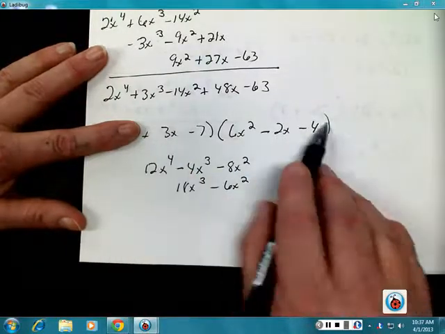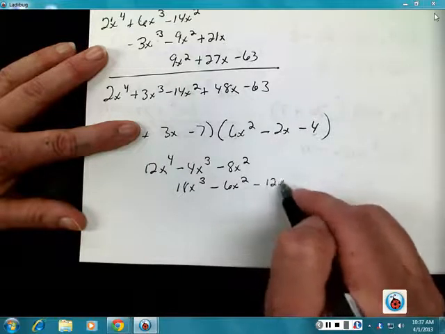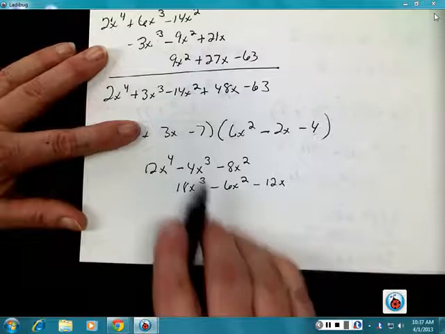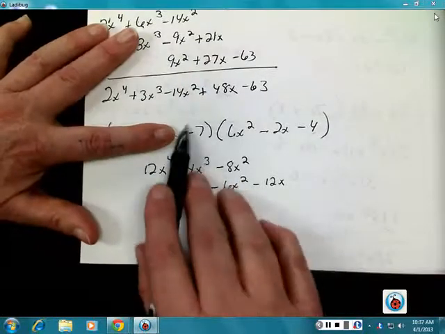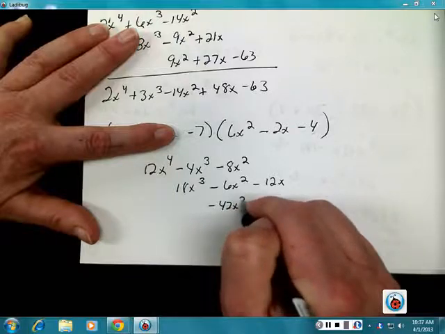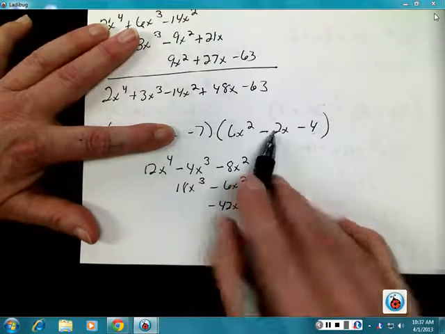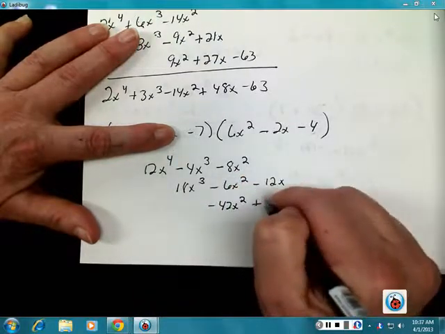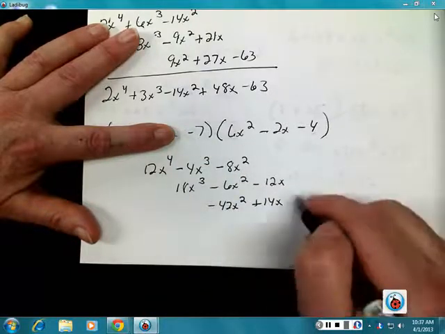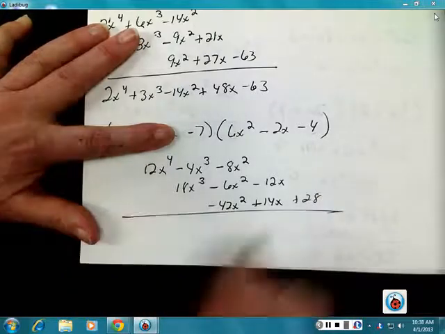Positive 3 times a negative 4, negative 12x. We good so far? Last, move my finger over again. Negative 7 times 6x squared is a negative 42x squared. Negative 7 times a negative 2 is a plus 14x. And last, negative 7 times a negative 4 is a plus 28.